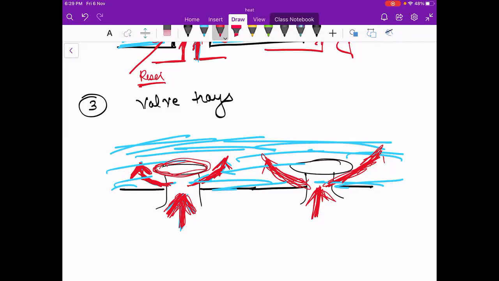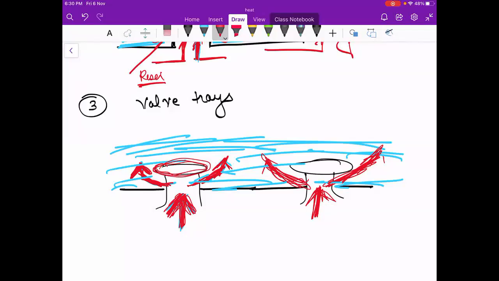Okay, maintenance will be more in the valve. Always remember one point, or you can write this point: whenever there are more moving parts in the system, it requires more maintenance. So sieve tray will have the least maintenance.